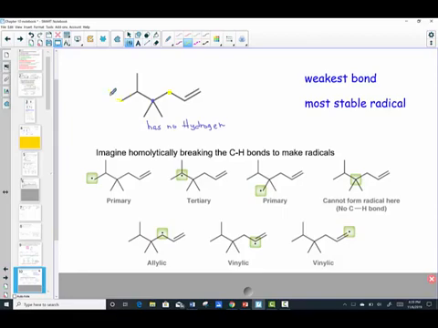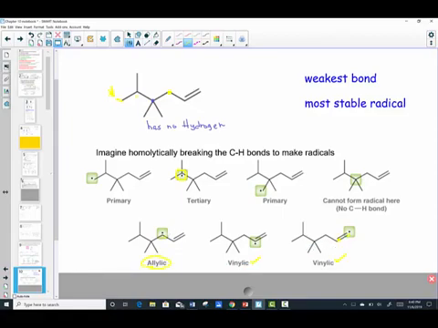If I removed a CH bond from the terminal ends, we create primary radicals. If I were to create a radical here, this is pretty good. It's a tertiary, which is pretty stable, but not as stable as the allylic position. And don't be fooled that the vinylic, it's not the two carbons in the bond.